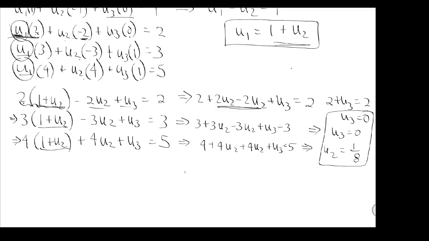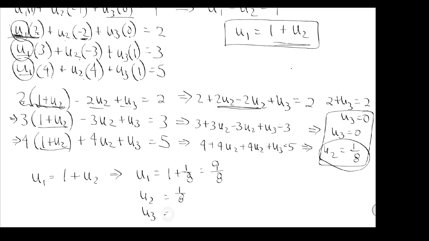Well, if u1 equals 1 plus u2 and u2 is 1/8, u1 equals 1 plus 1/8 or 9/8. u2 is 1/8 and u3, from these two, is 0.